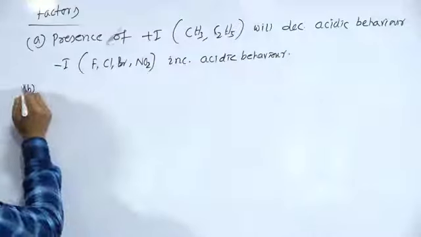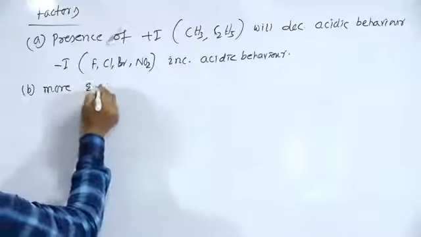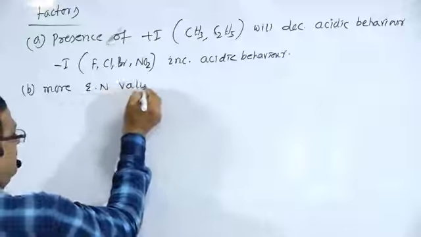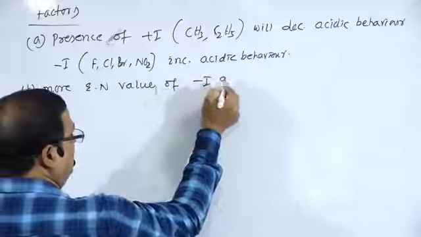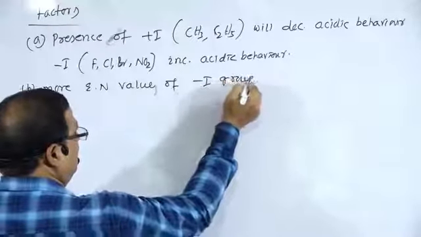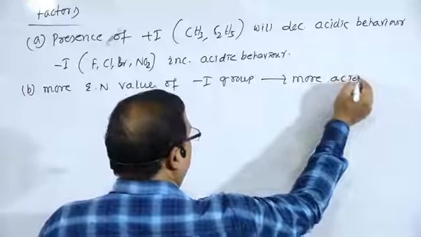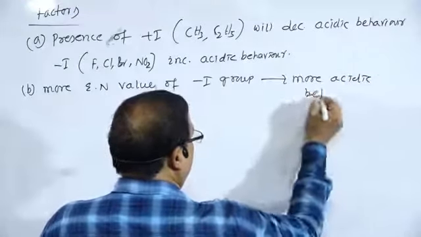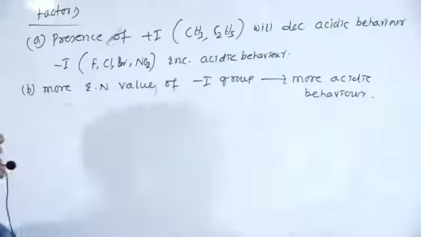In the second point, the more the electronegativity value of the minus I group, the more acidic behavior. More is the electronegativity of the minus I group, more will be its acidic behavior.